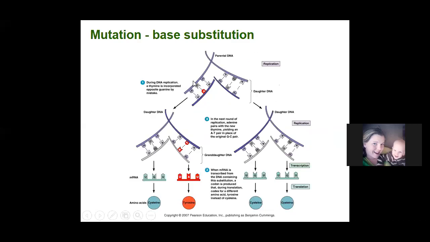What happens is if the wrong base is inserted, you get a spontaneous mutation, and the G will be okay, and so that line will be correct, okay? But on this line, the wrong nucleotide will be inserted next to the T, so that'll be an AT, and then when this DNA replicates over to here, we'll get the mutation if we follow this line of DNA. Any questions about that?